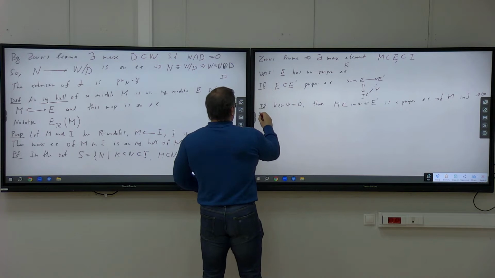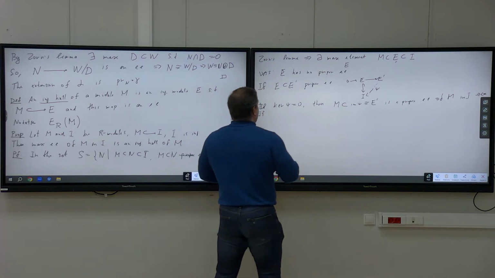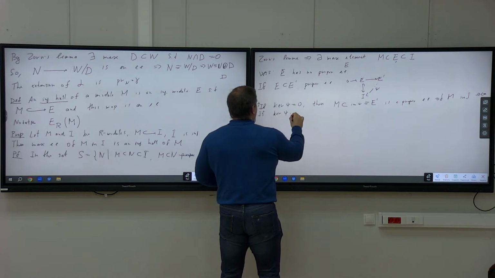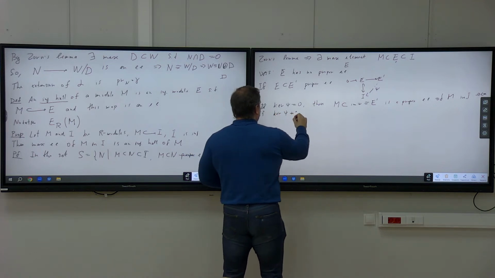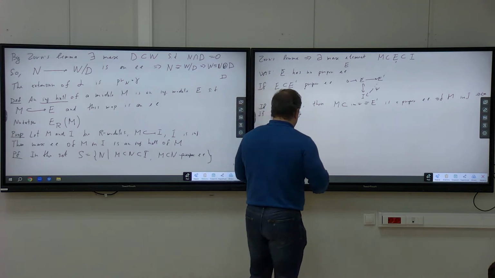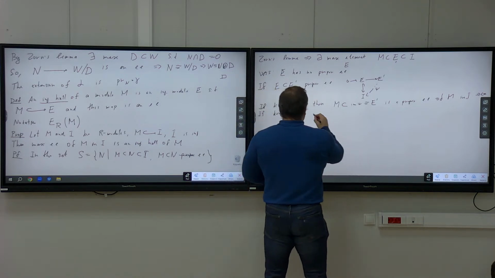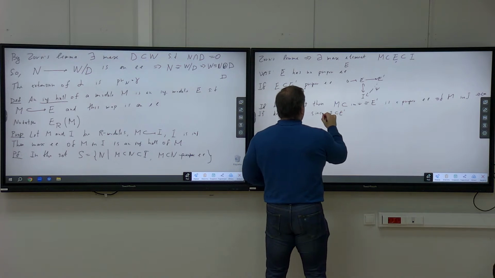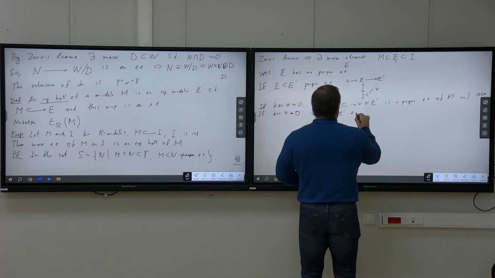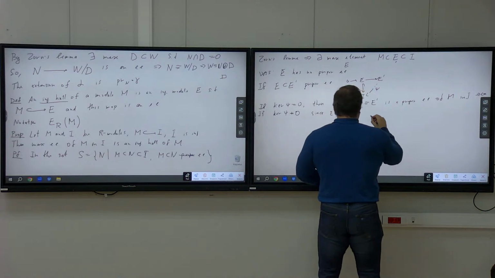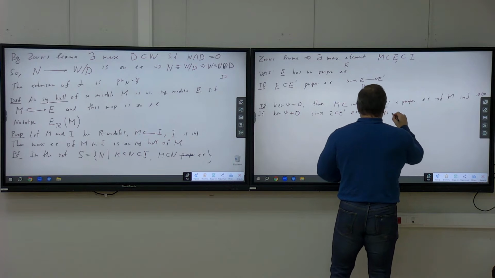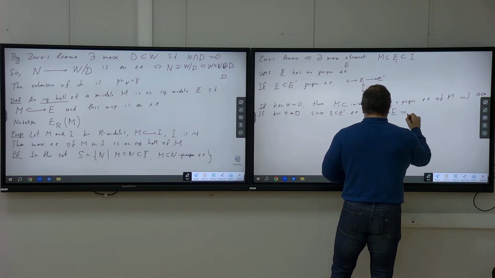And the second case, if I have the kernel of psi not equal to 0, in this case I also want to get a contradiction. Well, since E inside E prime is an essential extension, the kernel of psi intersect with E is non-zero.